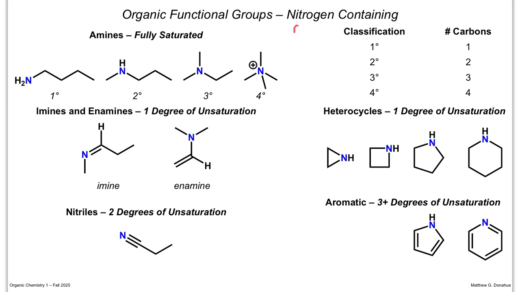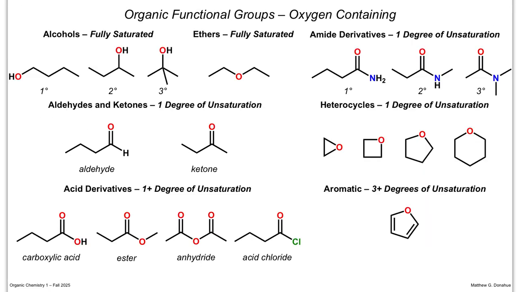Now we're going to start putting nitrogen into the molecule. These make different functional groups, again, based on the degrees of unsaturation. Nitrogen's not too bad. Oxygen is where you're going to earn your money. So there's a lot of oxygen-containing functional groups.